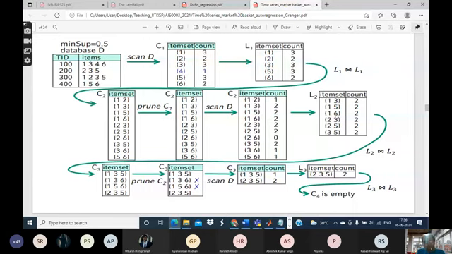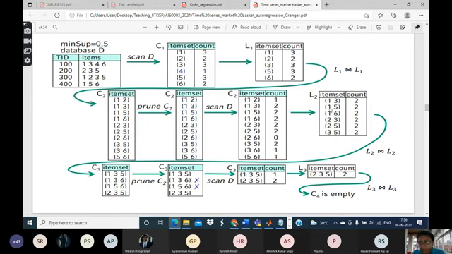Using these tuples, just by combining pairs of them, how many 3-tuples can we get? If we combine these two, we get a 3-tuple 1 3 5. Similarly, by combining these two, we get 1 3 6. Similarly, we may get 1 5 6.